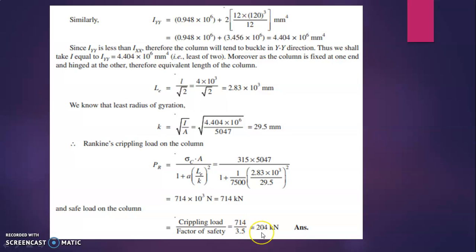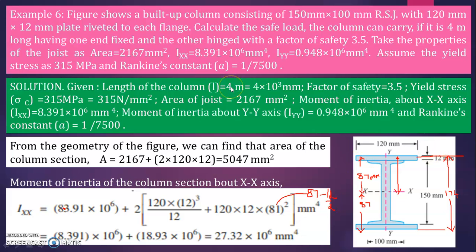So this is also one of the very important types of problems that usually comes in the exam. Mainly the built-up column details will already be given. You only have to calculate the flange area and IXX and IYY.